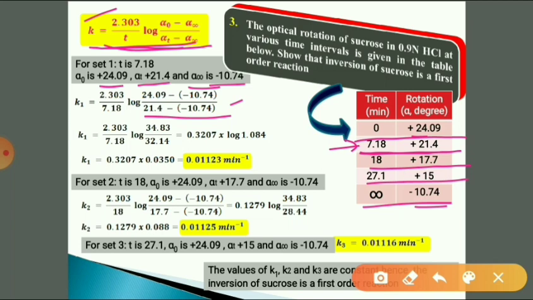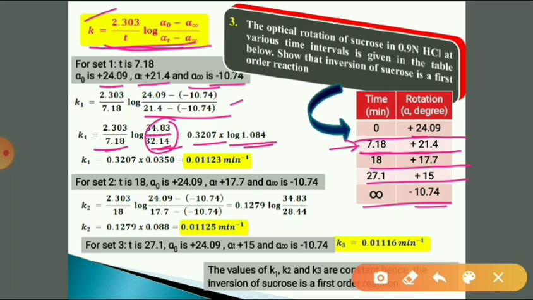After solving this we get k1 equal to 2.303 upon 7.18 into log of 34.83 divided by 32.13. Before taking the log, we have to calculate this ratio. So 2.303 upon 7.18 is 0.3207, into log of 1.084, since the ratio of this factor is 1.084. Now we have to take the log of this one.